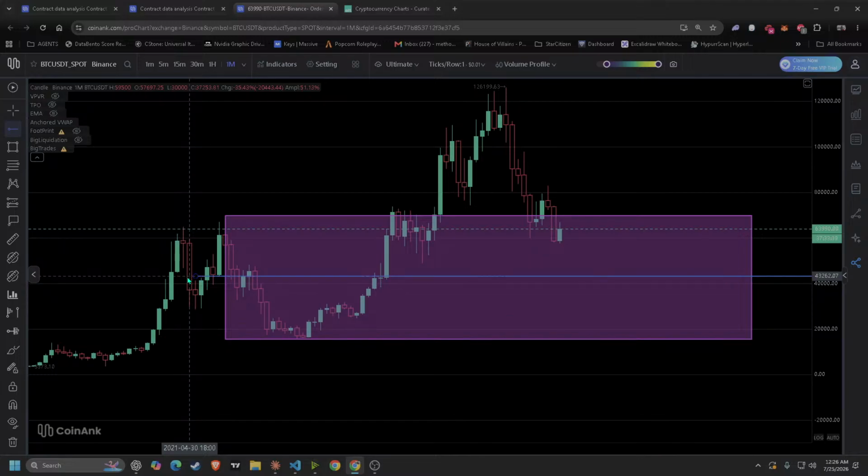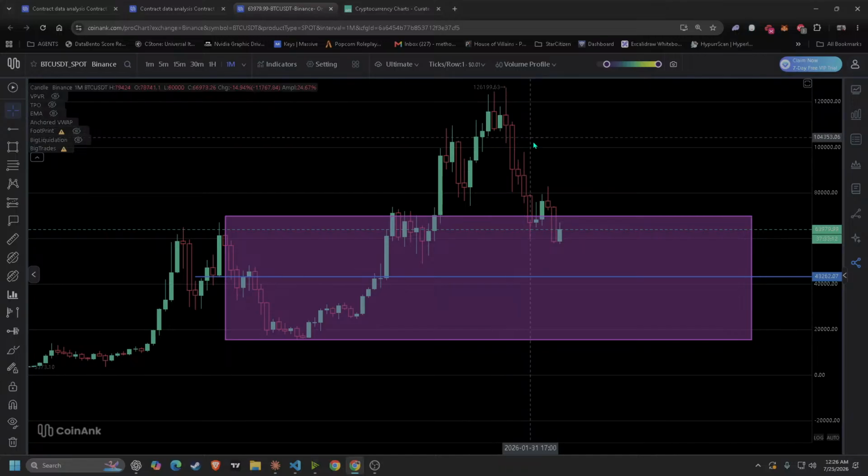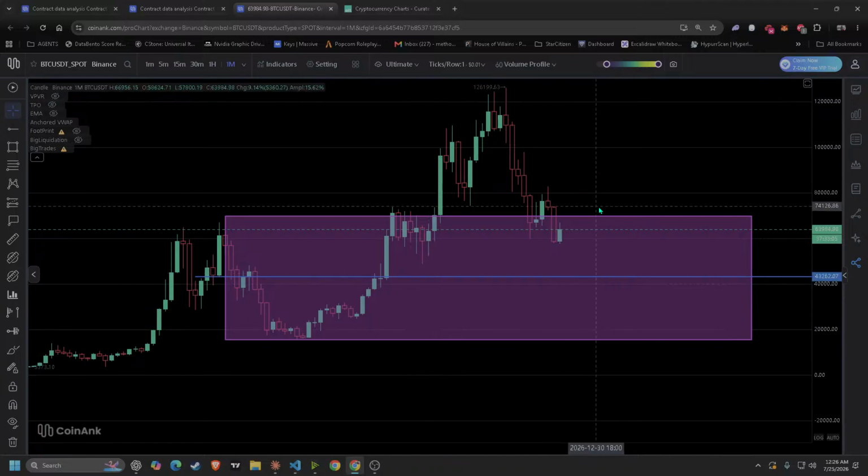I mean, 43,000. That's scary. We could see Bitcoin come all the way back down to 43,000 if we make our way up, come back in, tap into a range, clean up something that's unmitigated before leaving again.